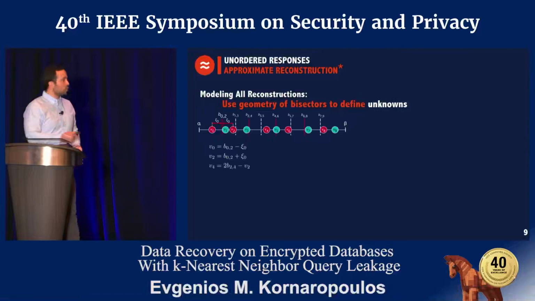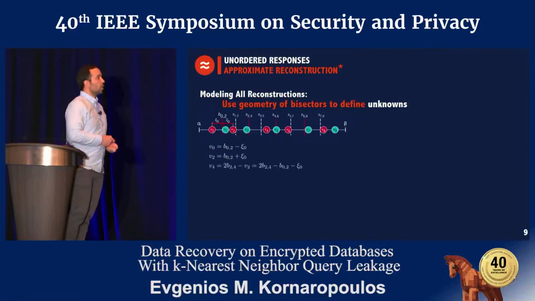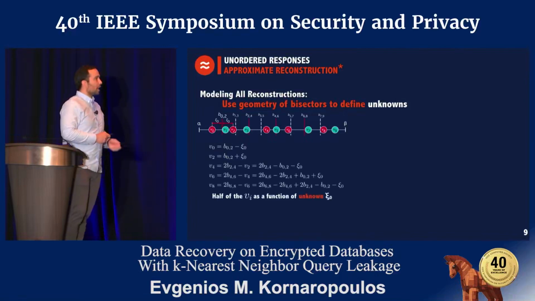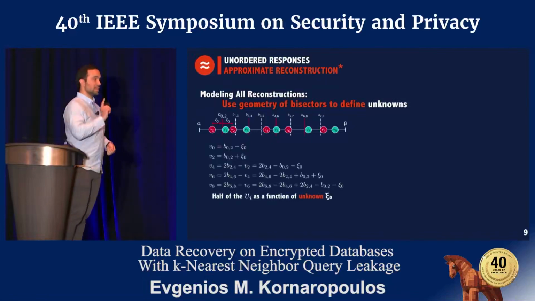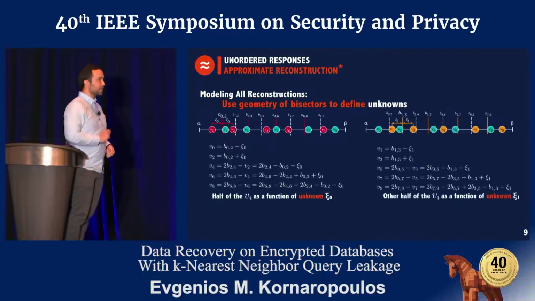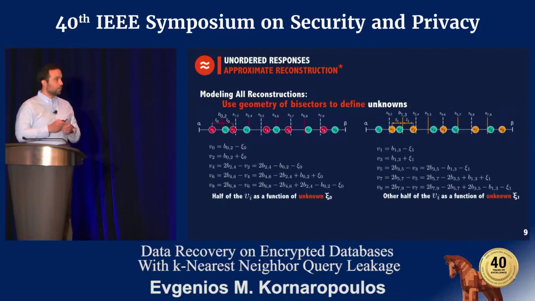If we keep doing this analysis and substitute the derived expressions, we can show that half of the values can be expressed as a function of the known bisectors and the unknown offset. But we used just one unknown here. We can apply the same trick for the remaining values by defining a new unknown xi1.